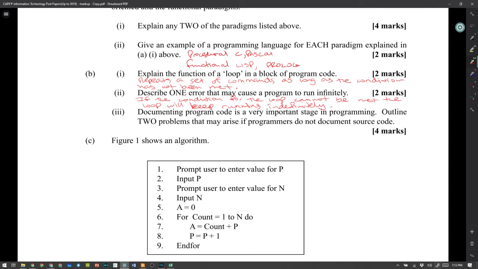Documenting program code is a very important stage in programming. Outline 2 problems that may arise if programmers do not document code.